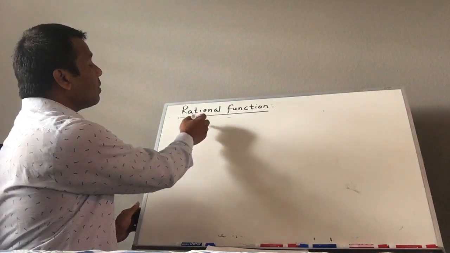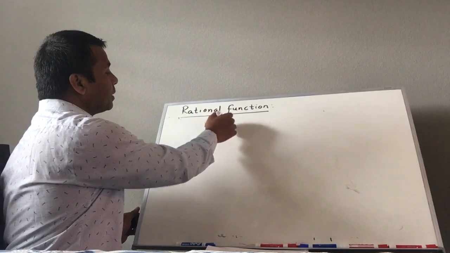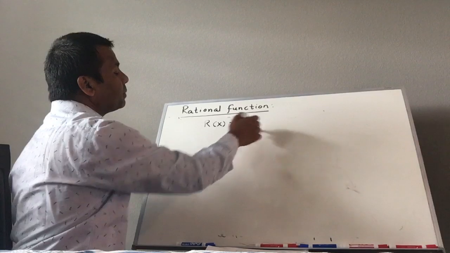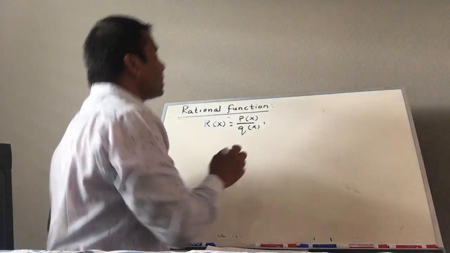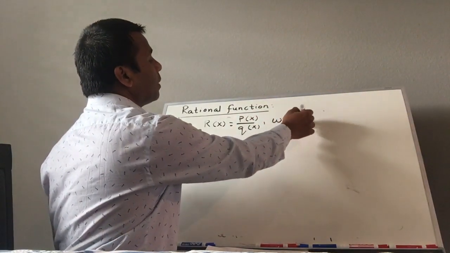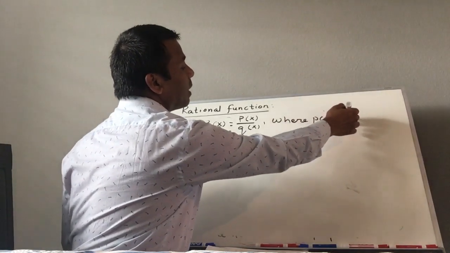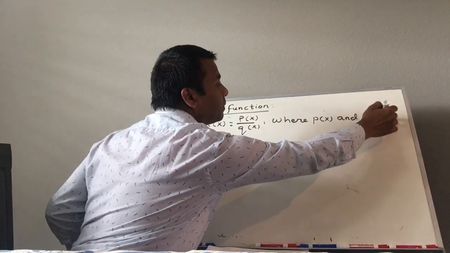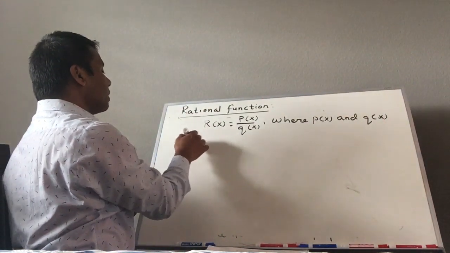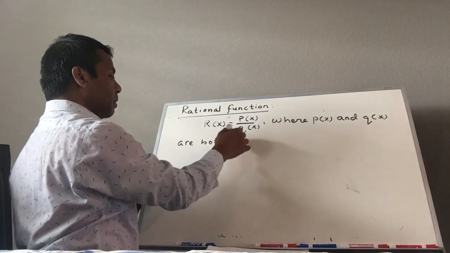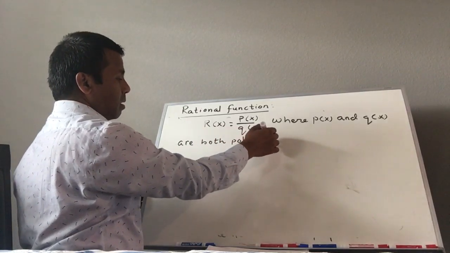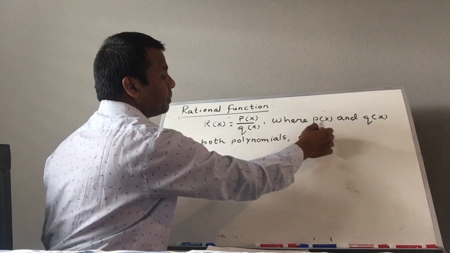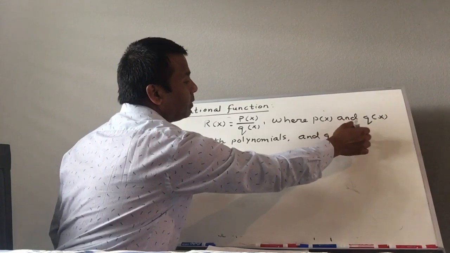A function of the form R(x) equals P(x) over Q(x), where P(x) and Q(x) are both polynomials, and Q(x) is not equal to 0.